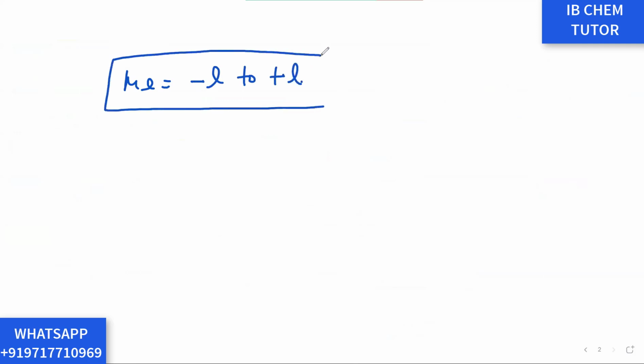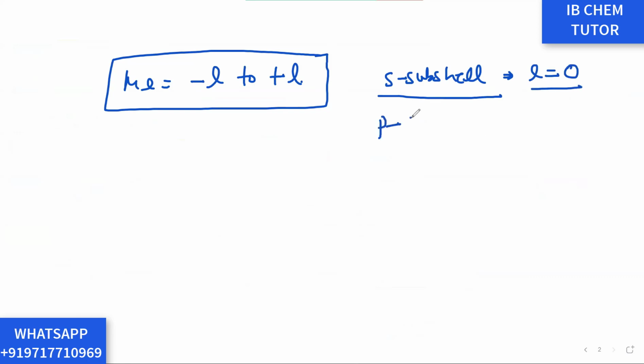Let me write the formula. This is minus L to plus L. And if you remember, in the last video, video number 1, I told you that for the S subshell, the value of L is taken as 0. For the P subshell, the value of L is taken as 1.